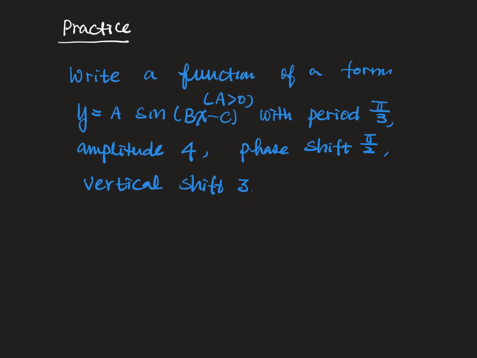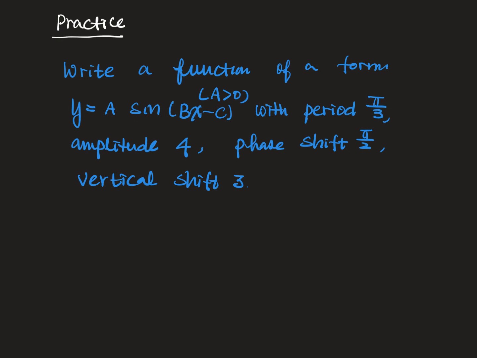This is a practice question to summarize what you learned about the transformations. I give this sine graph form, then they give a period, amplitude, phase shift, and vertical shift. Let's go with amplitude. Amplitude is the absolute value, that's going to be 4. So I say the A value is positive, A is 4.